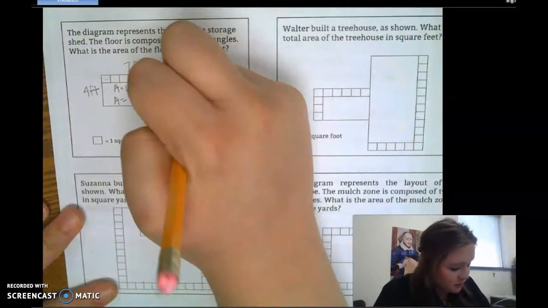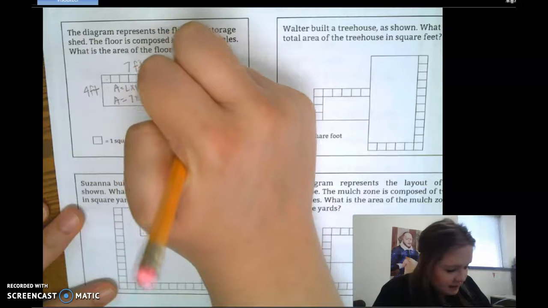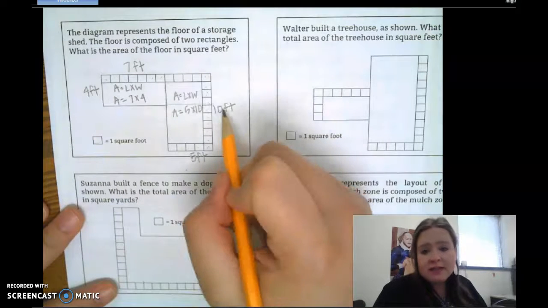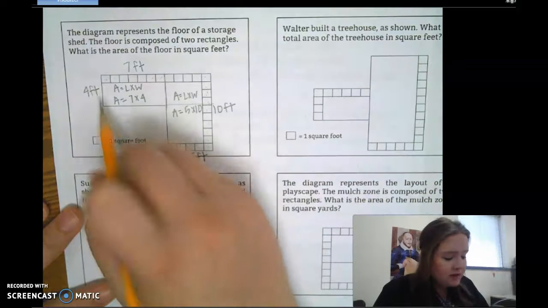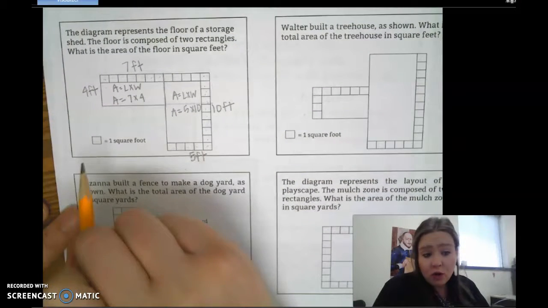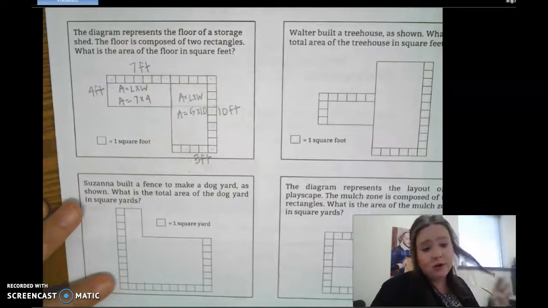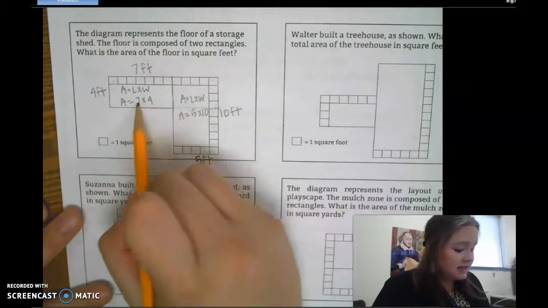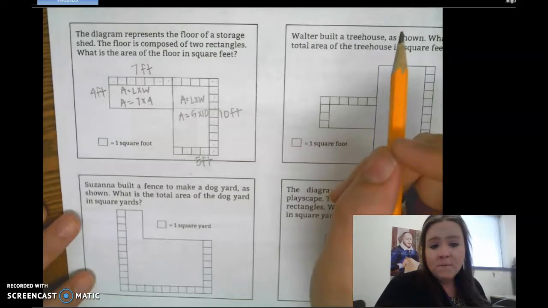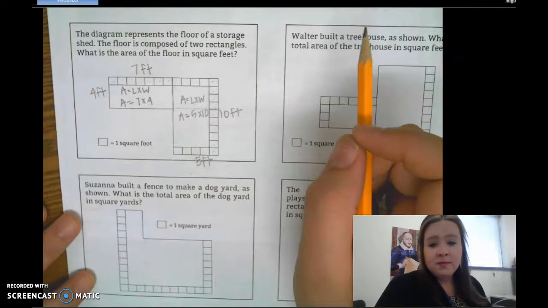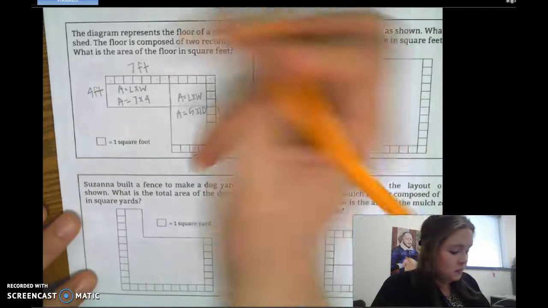Good. 5 times 10. It's not wrong if you said 10 times 5 or if you said 4 times 7. It's not wrong. You're going to be getting the same answer, okay? 7 times 4 is what? Good.